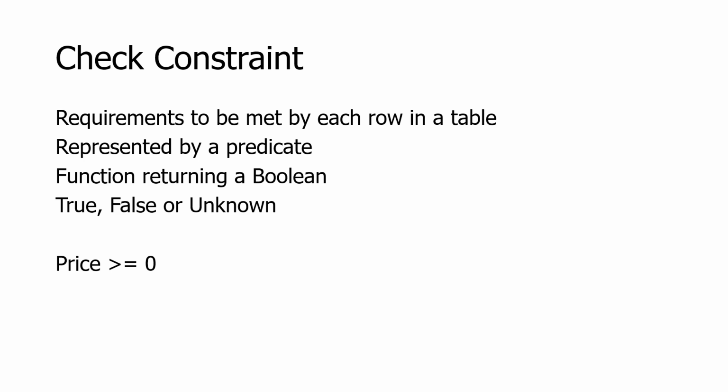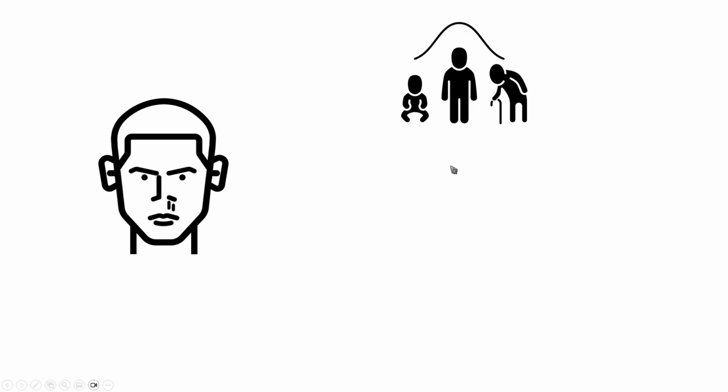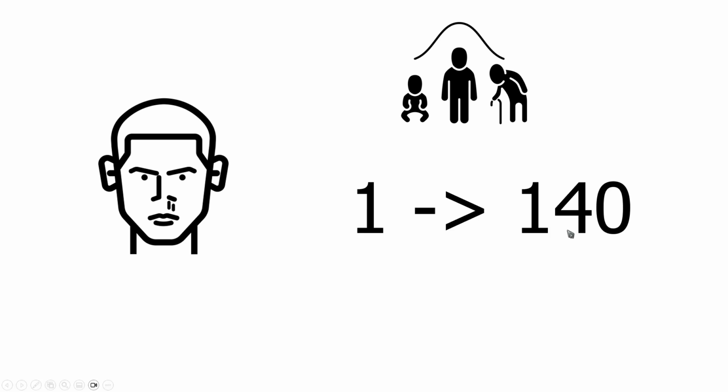Okay, let's get into an example. Okay, so we have a table in SQL that stores all our characters, and in that table, we have a column that represents the age of the character, and realistically, the age of a person ranges from between 0 and 140.